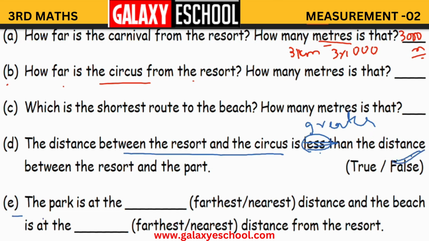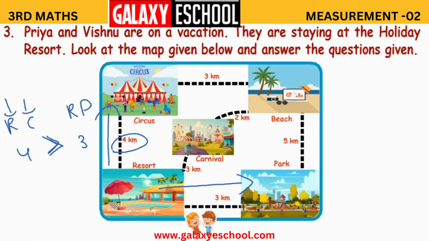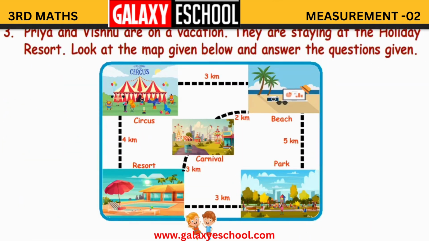Coming to question E. The park is at the dash distance and the beach is at the dash distance from the resort. Park and beach. Just now we have calculated that the beach is at 5 kilometers far away from the resort.